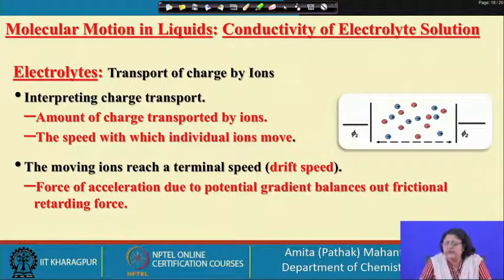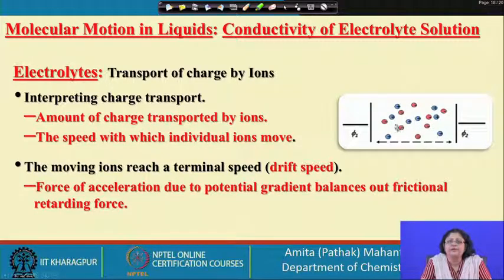Now, if you have a closer look at this, what system are we dealing with? We had a discussion of the electrolysis cell in the last class. What we have is an electrolyte and two electrodes, and the distance between the two electrodes, let us say, is L. The potential here, suppose, is phi 1, and the potential here is phi 2.